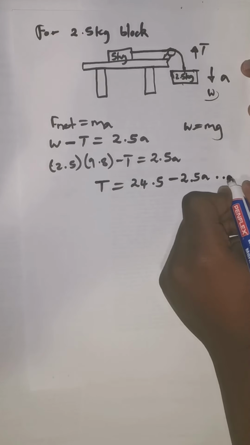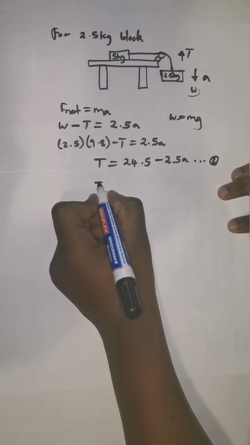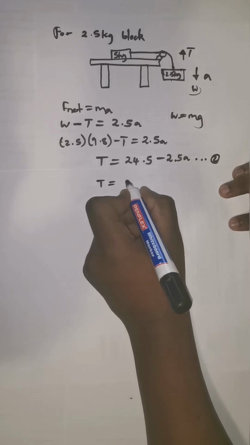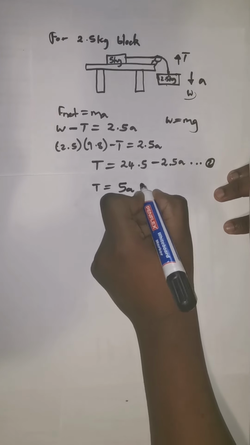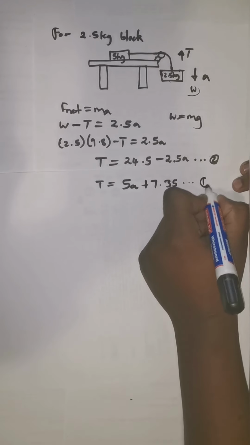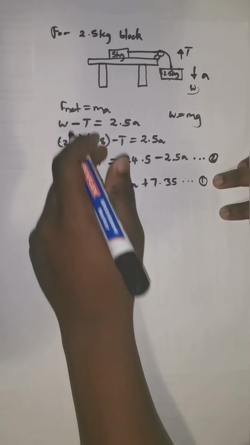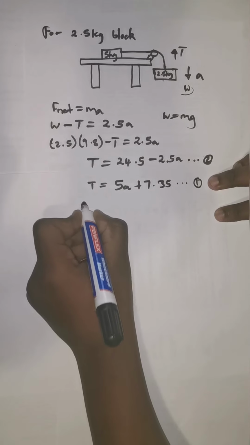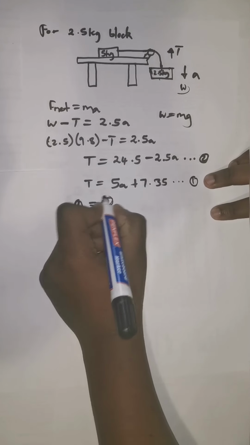And then this is your second equation. Our first equation from the first part was 5a plus 7.35, right? This was the first equation, and as you can see, we have T and the T there, so it's going to be a simple case of equating the two equations.